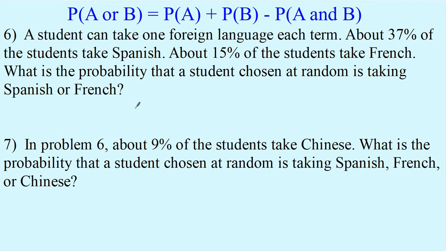So I want the probability of A and the probability of B. But remember, like a Venn diagram, we have that extra overlap. So we have to subtract the overlap, which is the and situation, because and is the overlap, where or is everything.